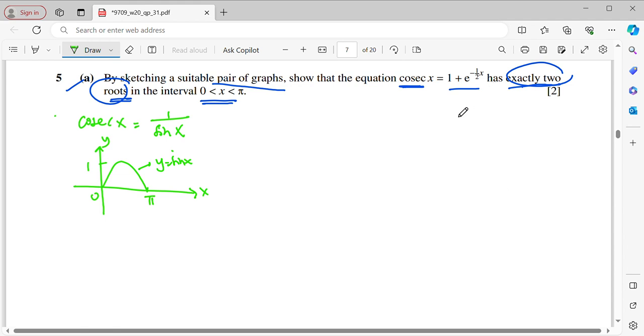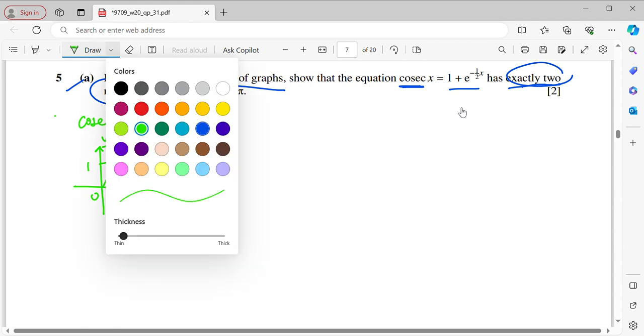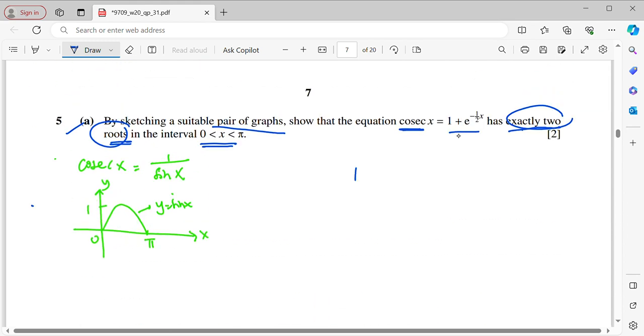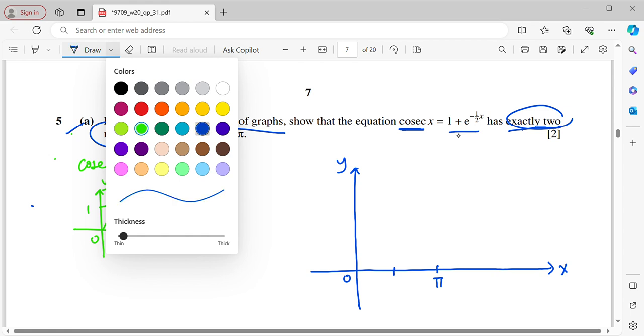Now, when you need to sketch cosec, let's say I sketch now. So here's 0, let's say this is pi, and here is pi over 2.